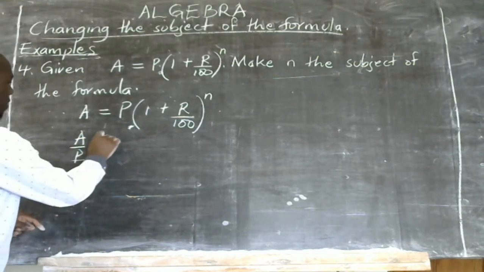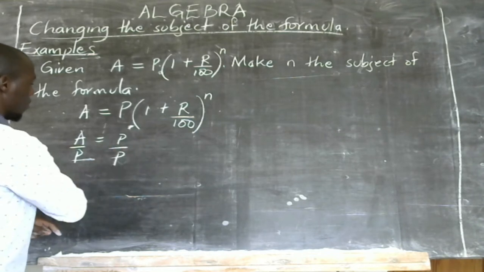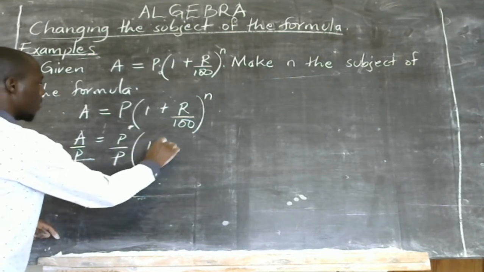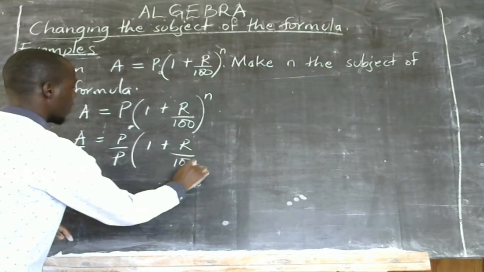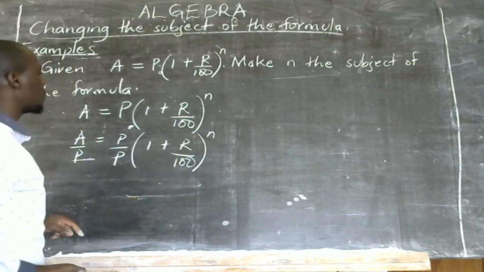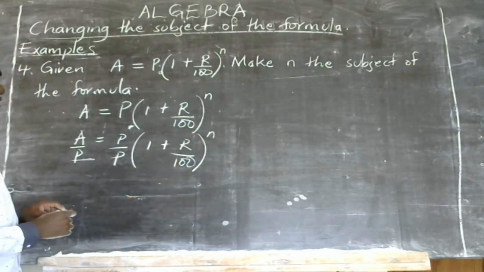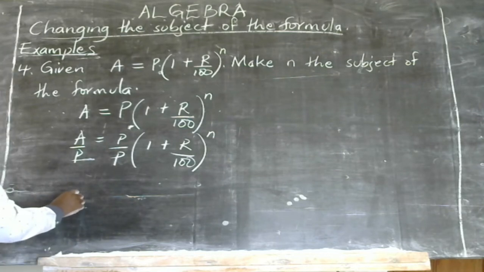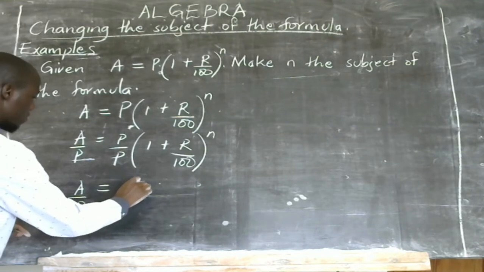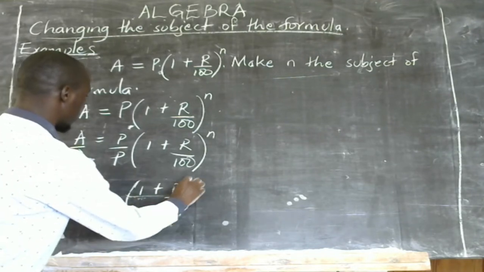So a divided by p is equal to p divided by p into 1 plus r all over 100, then into the n. At this moment I have a all over p is equal to 1 plus r all over 100 into the n.